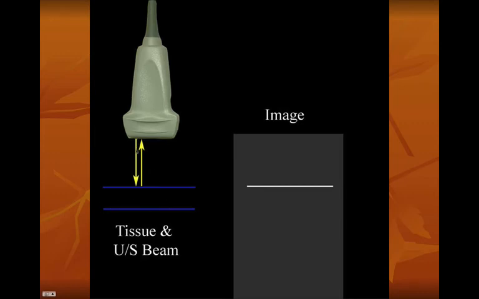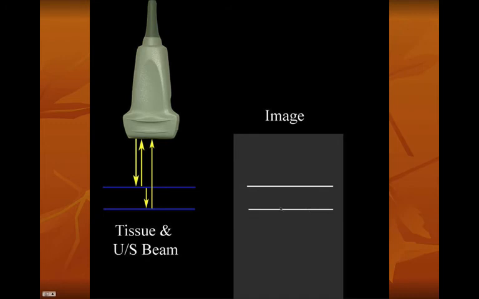The ultrasound beam comes down, hits the first, bounces back, and the image is one bright line. Some of that ultrasound beam, though, goes through and hits the second reflector and then bounces back. And so the ultrasound image shows one straight line and another one behind it. And that's a true reflection of what's going on in the tissues.